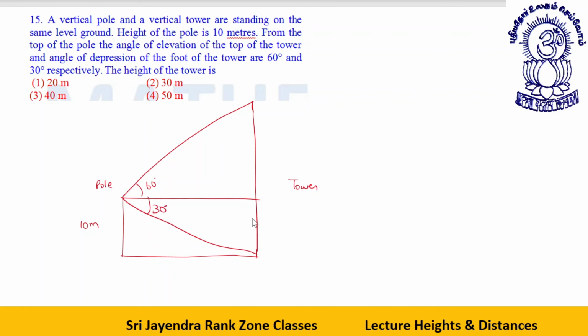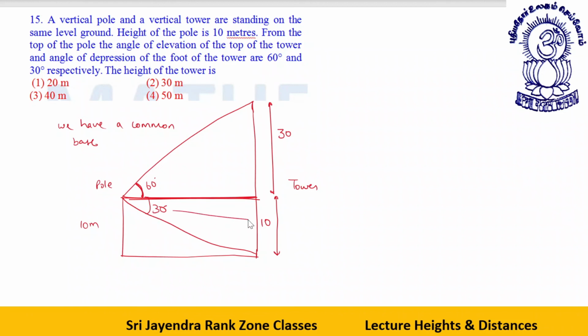So easy now. See, the moment you see this is 10, you have a common base. When we have a common base, if this portion is 10, this becomes 30. Clear to all of you? 10 and 30. Now the total height becomes 40. Why?